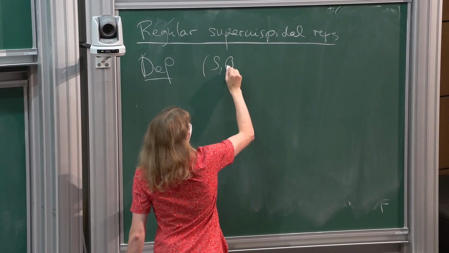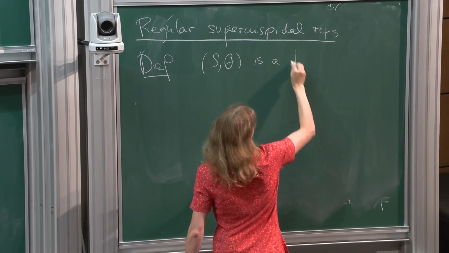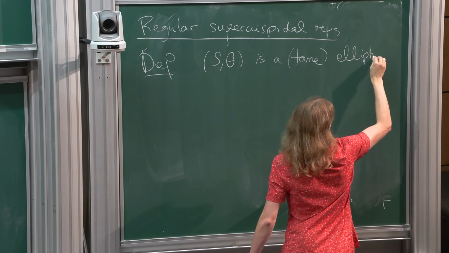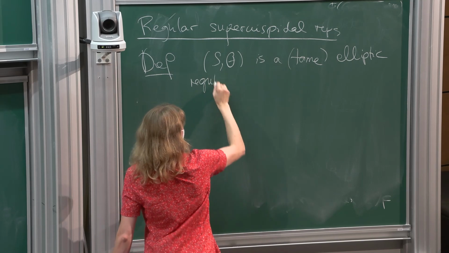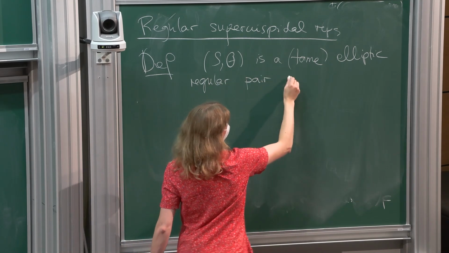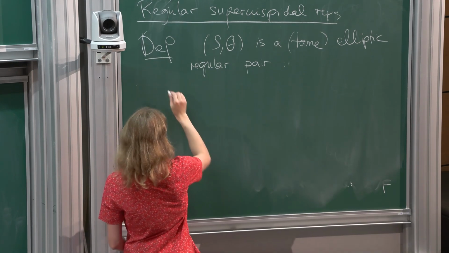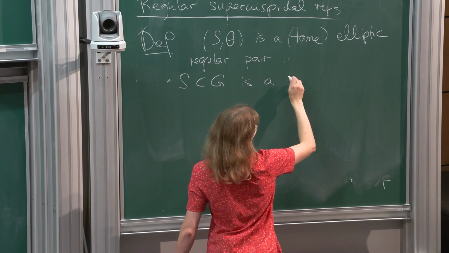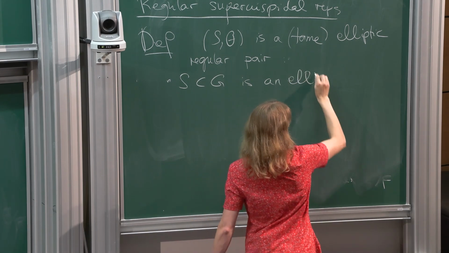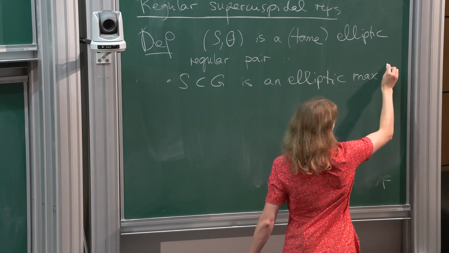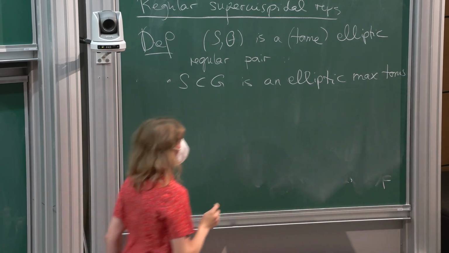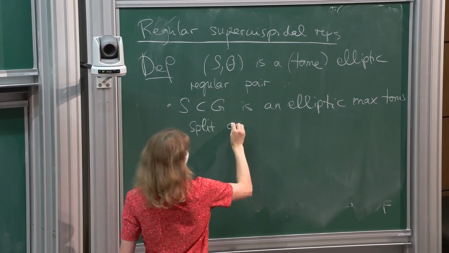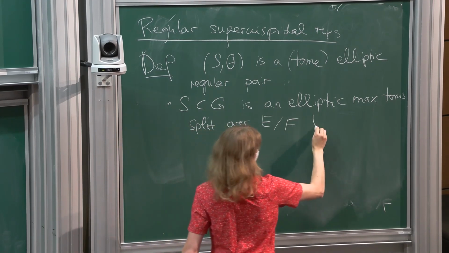So (S, theta) is a tame, well, in our case everything is tame, elliptic regular pair if the following happens: if S is a maximal elliptic maximal torus of G, and well, split over a tame extension, but that's automatic, but I want to give it a name, so say split over some tame extension E over F.